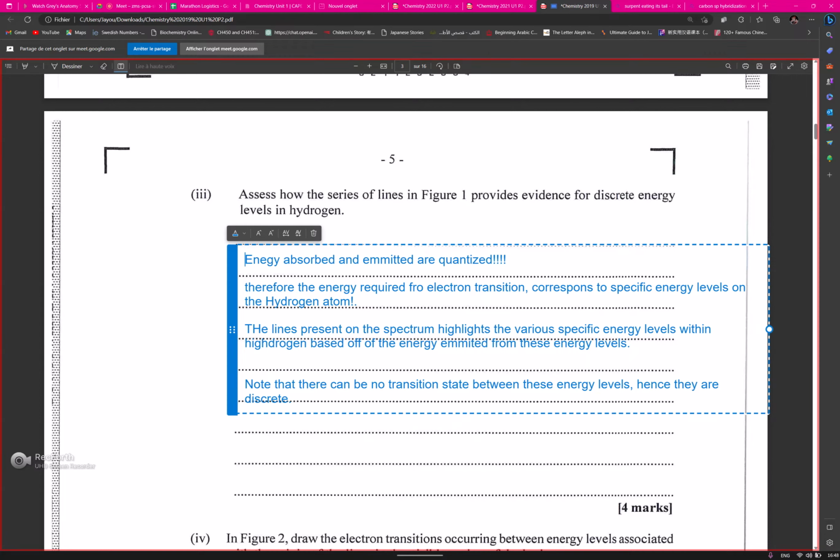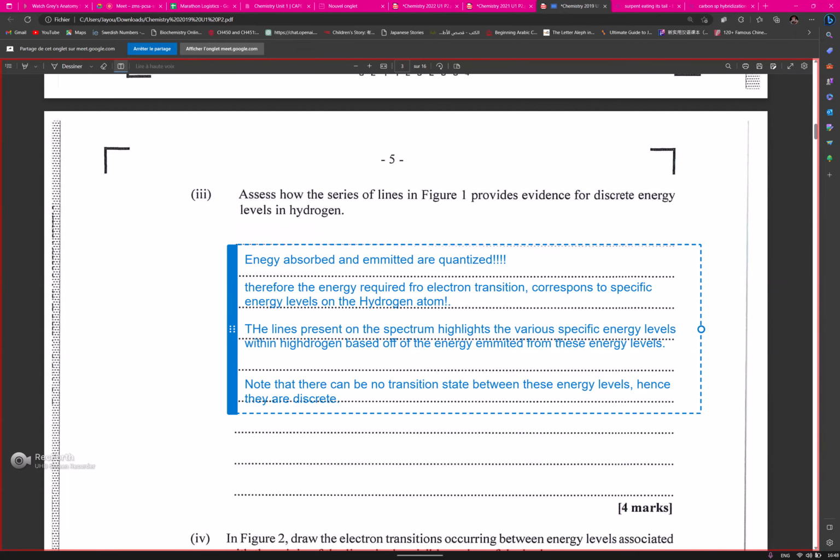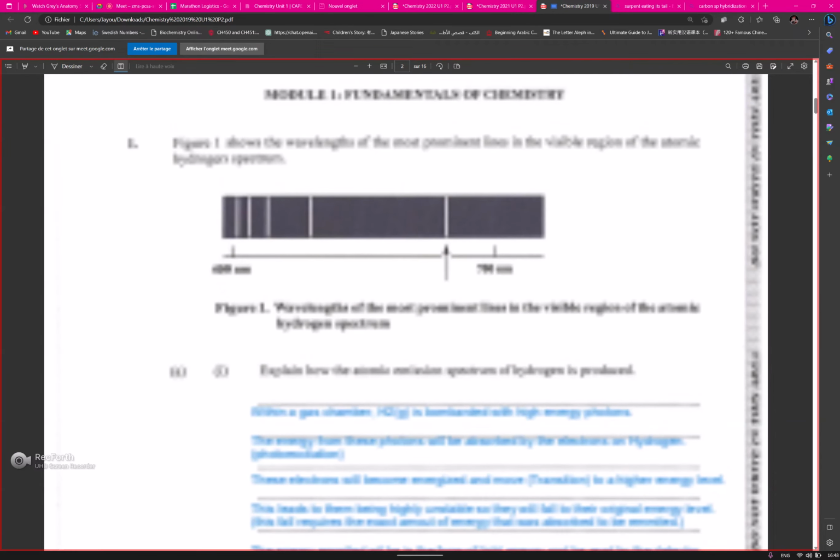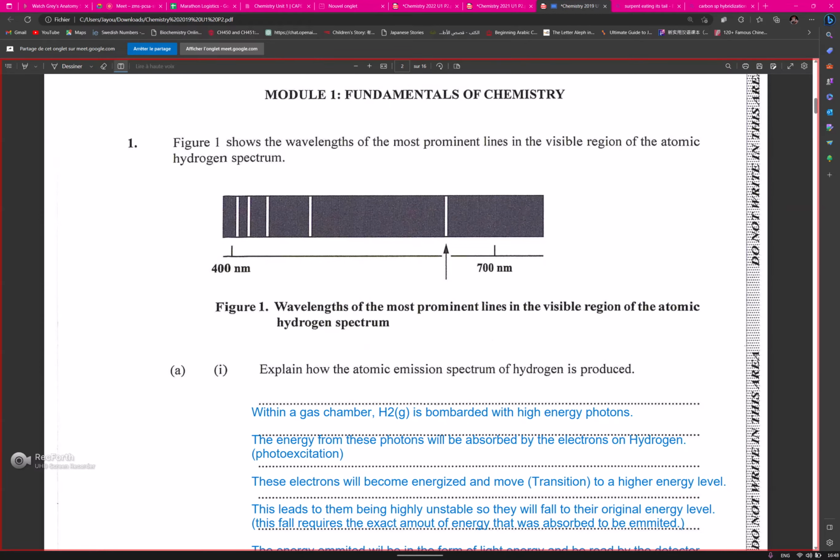Alright. So what I'm basically saying here is that the energy required for electron transition is quantized. So it is specific to energy levels. The emission shows energy specific to an energy level.